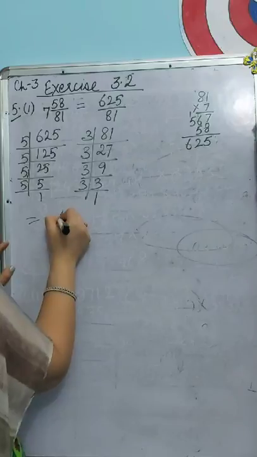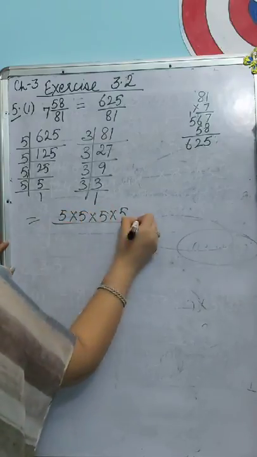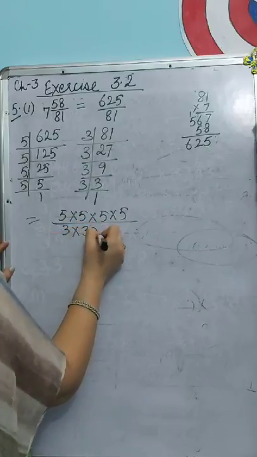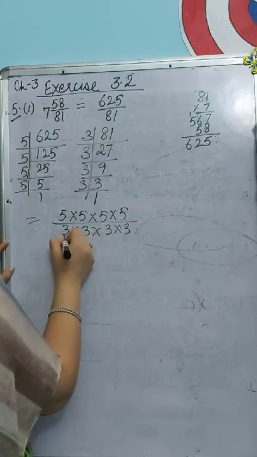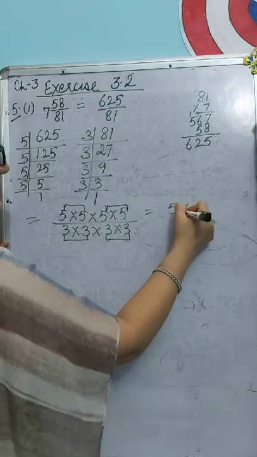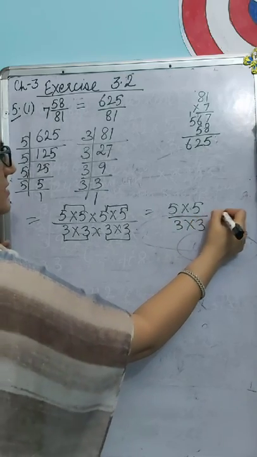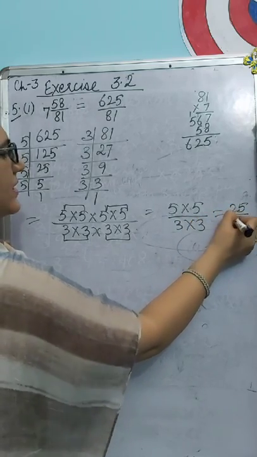Write these factors in the numerator and the other ones in the denominator. Again make the pairs. You will get 5 into 5 over 3 into 3 as the answer. It is 25 over 9.